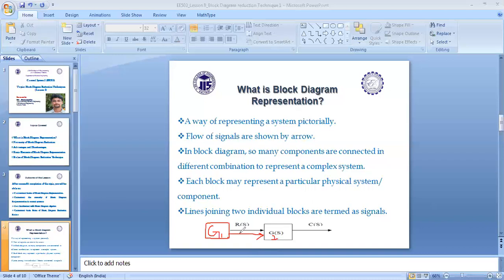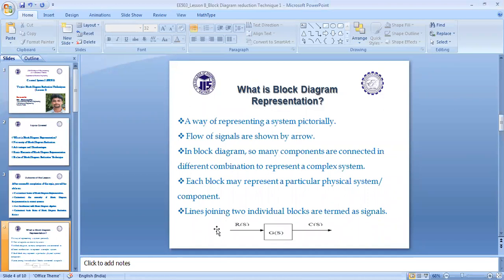This line can be treated as output of G1 or can be treated as input of G2. So this line or this signal is interconnecting two blocks. That is why it is written, lines joining two individual blocks are termed as signals. So these are known as signals.